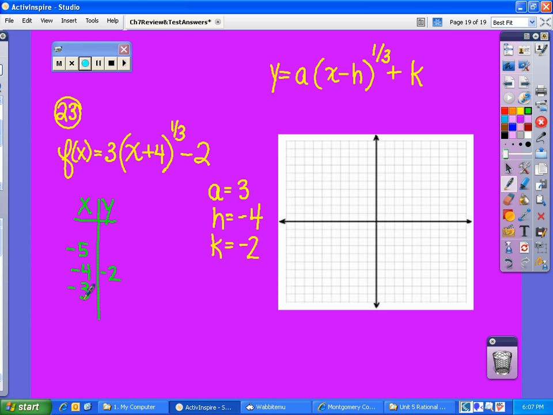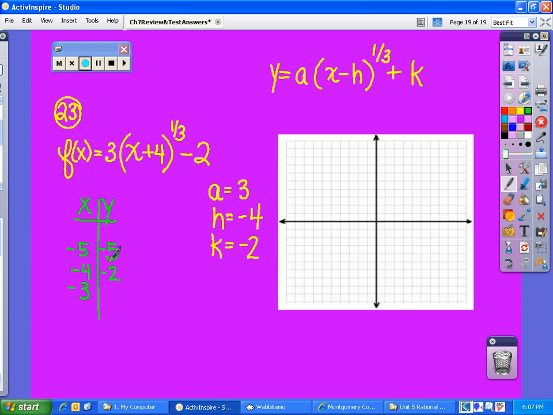Now, looking at the value before, if we plug in -5, we get -5 plus 4 is -1. The cube root of -1 is -1. Multiply that by the 3 outside the parentheses and you get -3, and -2 gives us -5.